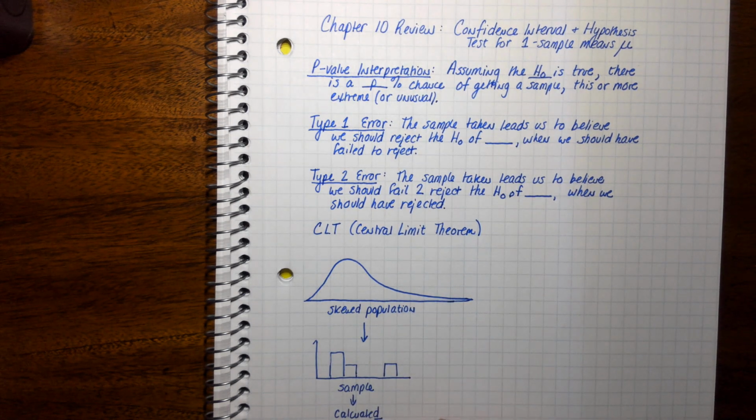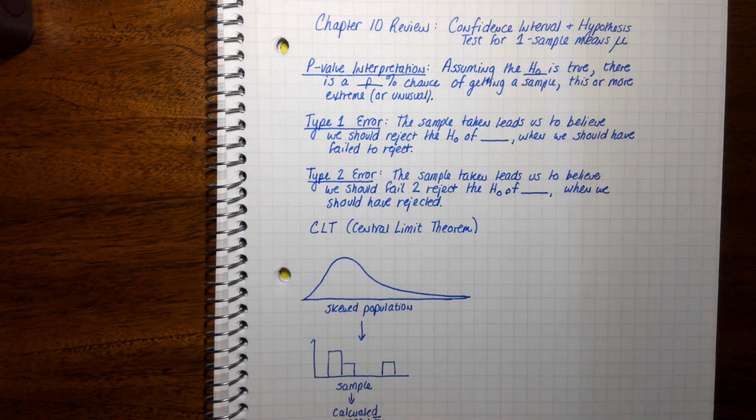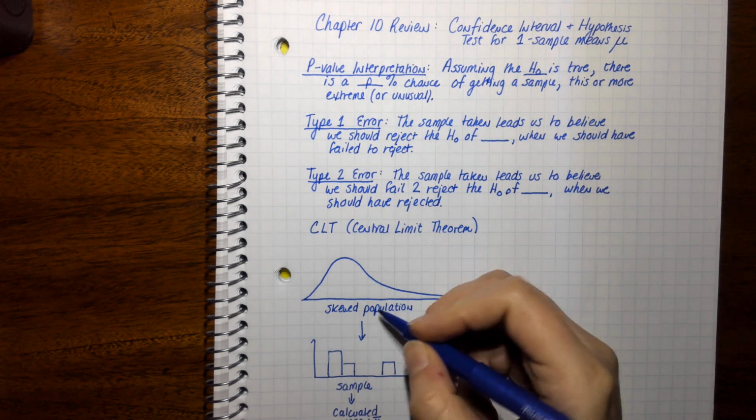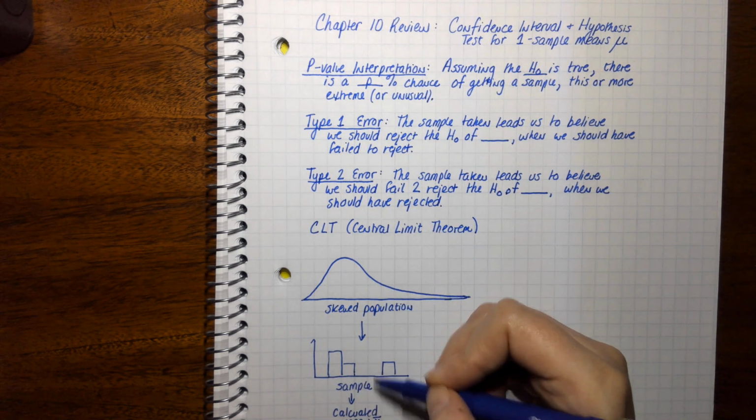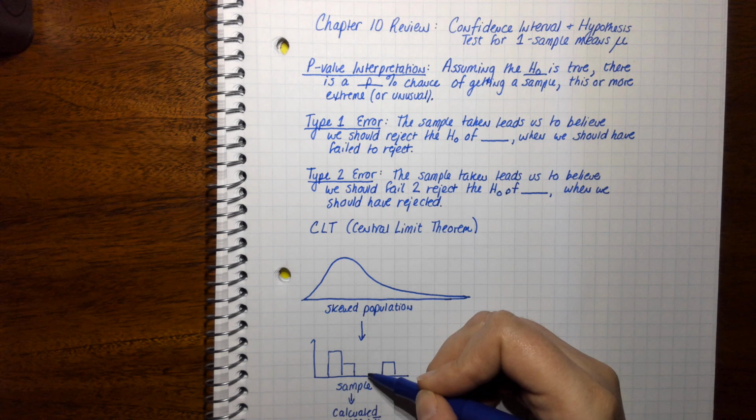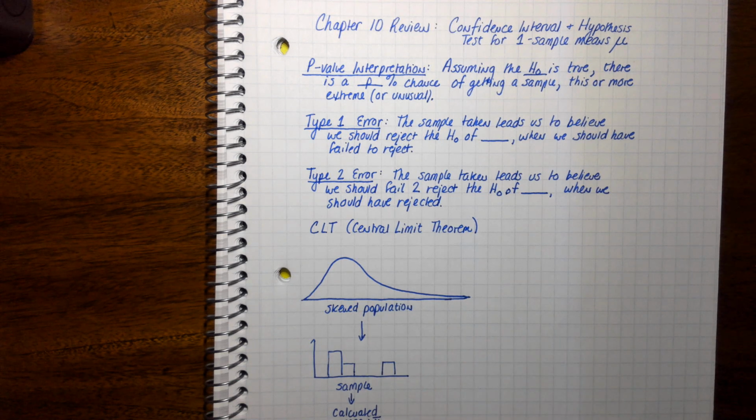Because you're dropping means in, the means are all going to be more toward the middle, and these are the sample means, all dropped in here. This is happening repeatedly: taking a different sample, dropping in the average, taking a different sample, dropping in the average, and this is our approximate sampling distribution.